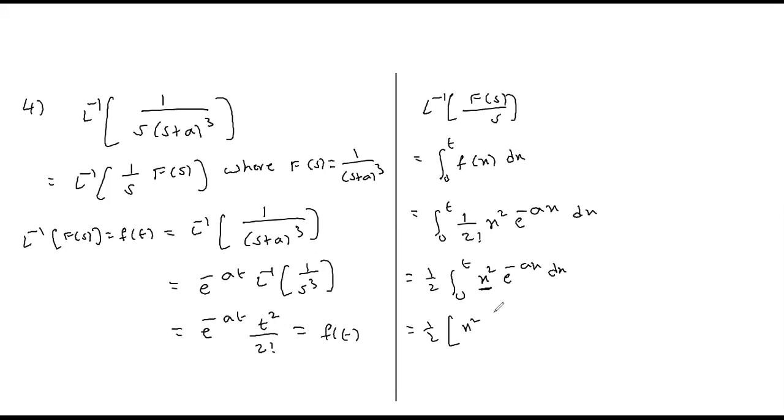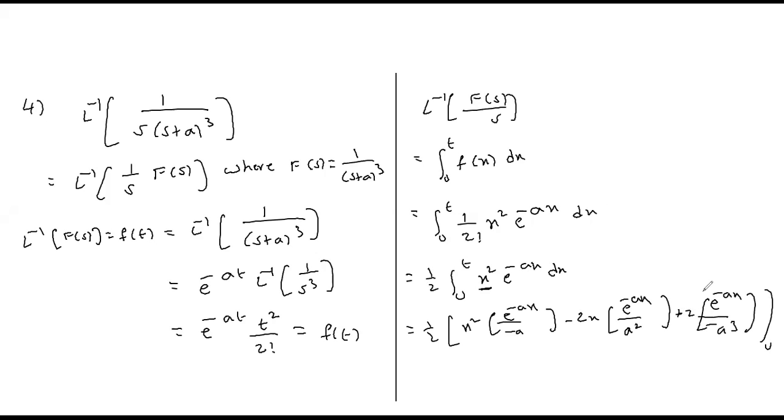So x square into e power minus ax by minus a, minus the derivative of x square, which is 2x, into e power minus ax by minus a whole square which is a square, plus 2 into e power minus ax by minus a cube. The limits are from 0 to t. So it is just applying upper limit minus lower limit. Simplification you do later.